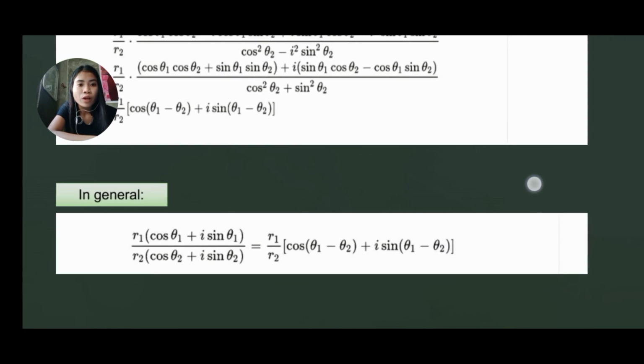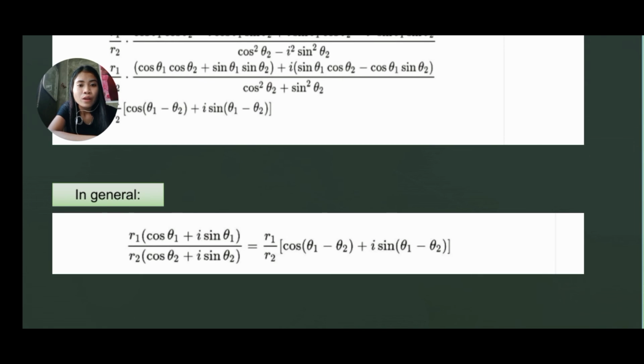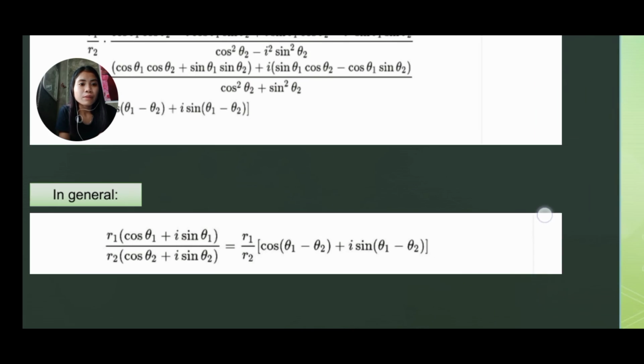So in general form, r sub 1 times the quantity cos theta sub 1 plus i sin theta sub 1 divided by r sub 2 times the quantity cos theta sub 2 plus i sin theta sub 2 is equal to the absolute value of r sub 1 over r sub 2 times the quantity cos of theta sub 1 minus theta sub 2 plus i sin of theta sub 1 minus theta sub 2.